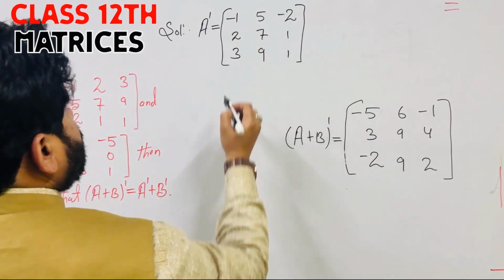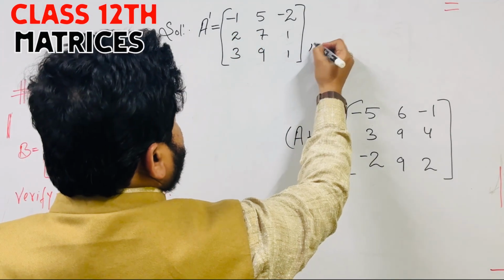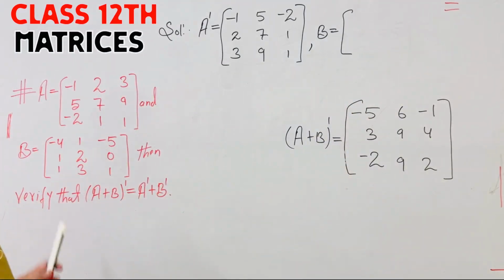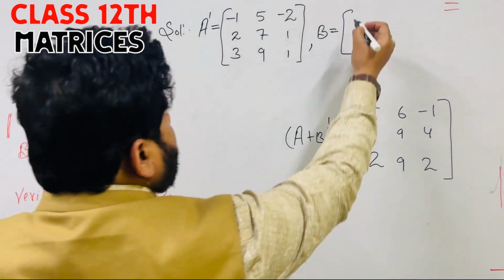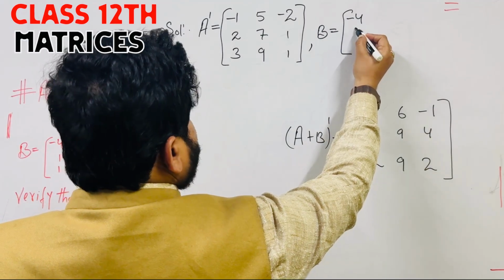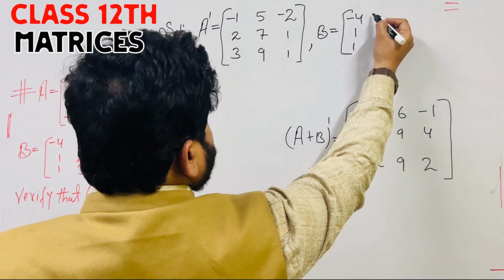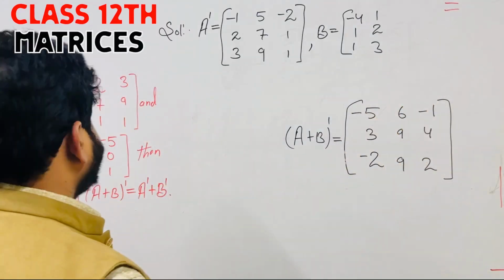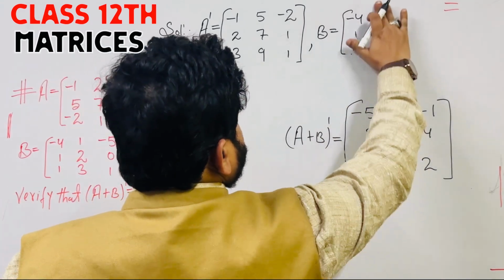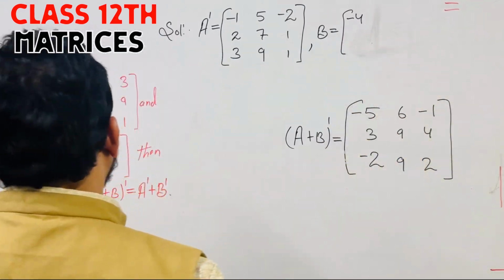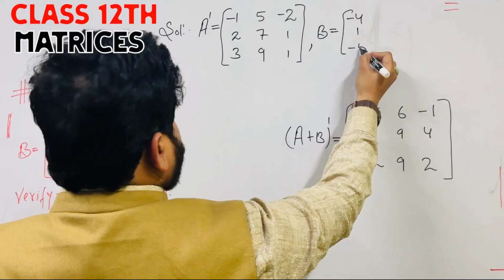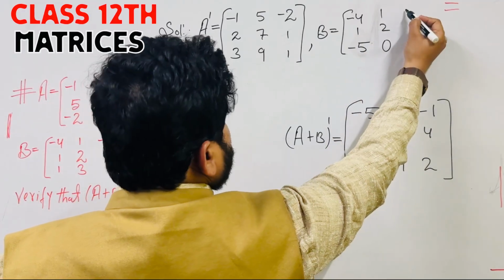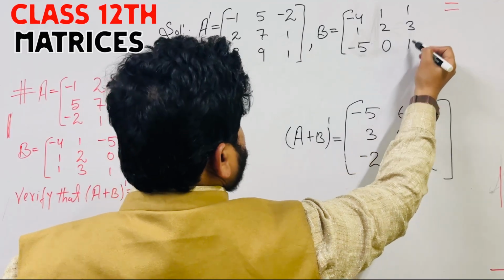The transpose of A is this, and the transpose of B is equal to, we have to change the rows into columns, that is minus 4, 1, minus 5, 1, 2, 0, 1, 3, 1.